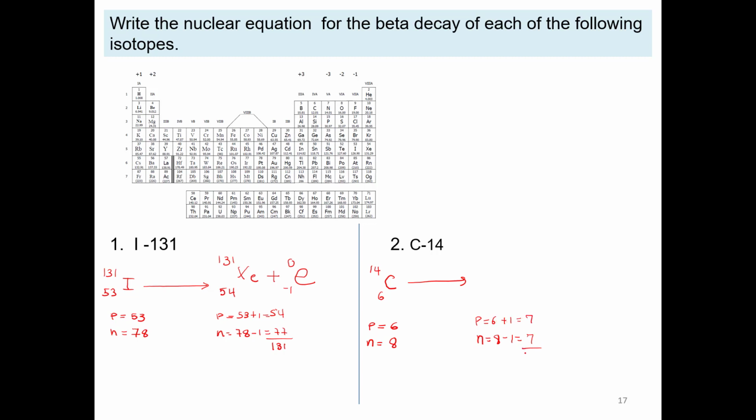Then the mass number will be 14. So the new element has 7 protons and mass number 14, plus it releases one beta particle. And we need to check that 7 corresponds to nitrogen.